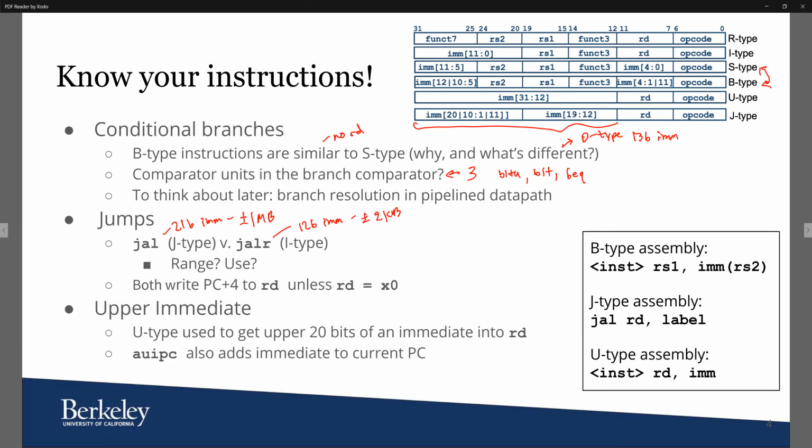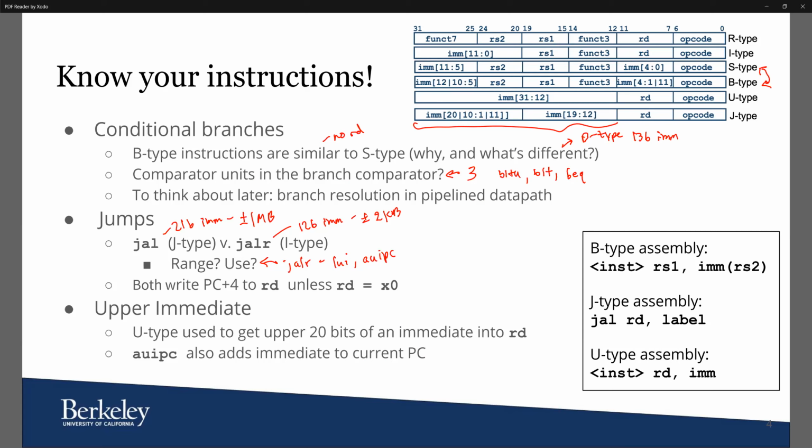So when would you use jump and link versus jump and link register if they have different reach? It turns out that jump and link register is very useful for accessing even bigger ranges than you can with jump and link, because they are often used with other instructions such as load upper immediate and AUIPC.